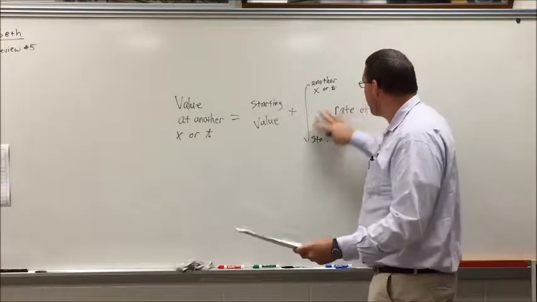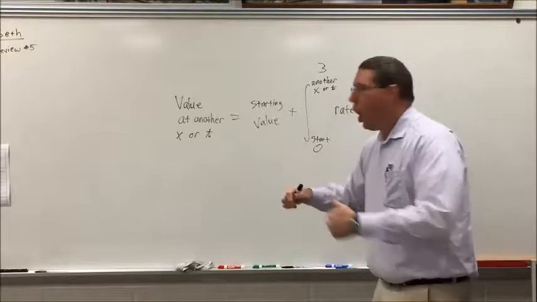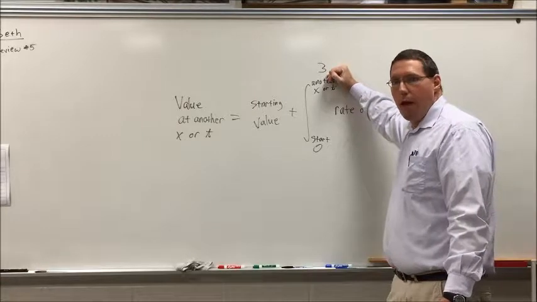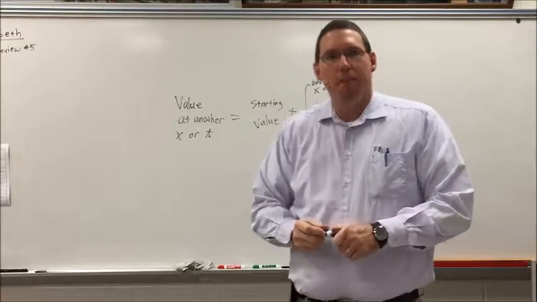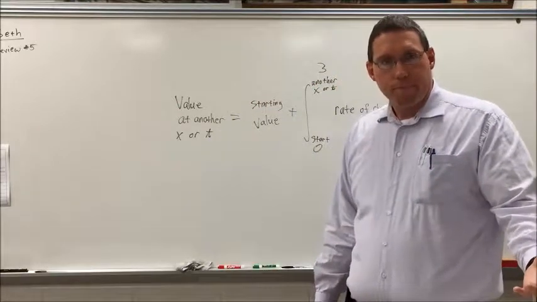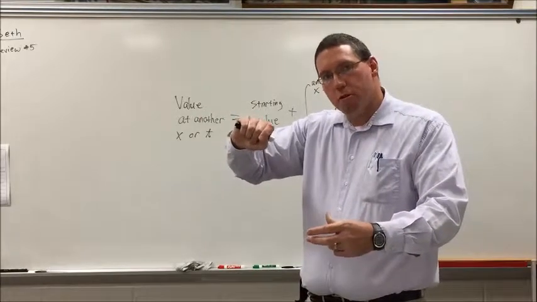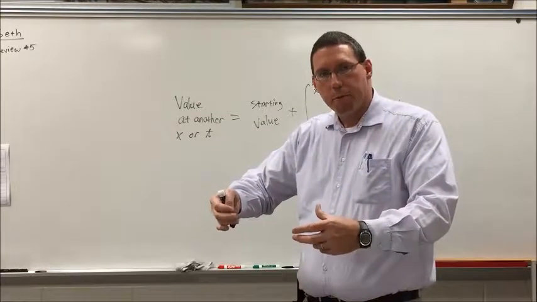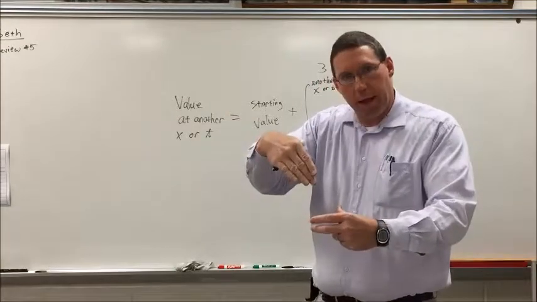What's happening is this definite integral from 0 to 3 is accumulating all of the change that occurs from time 0 to time 3, and then adding that change onto what was already there. So if you have 7 ounces of water in a cup, and you're pouring water in slowly, let's say over 15 seconds, water accumulates at the rate that you're pouring it.